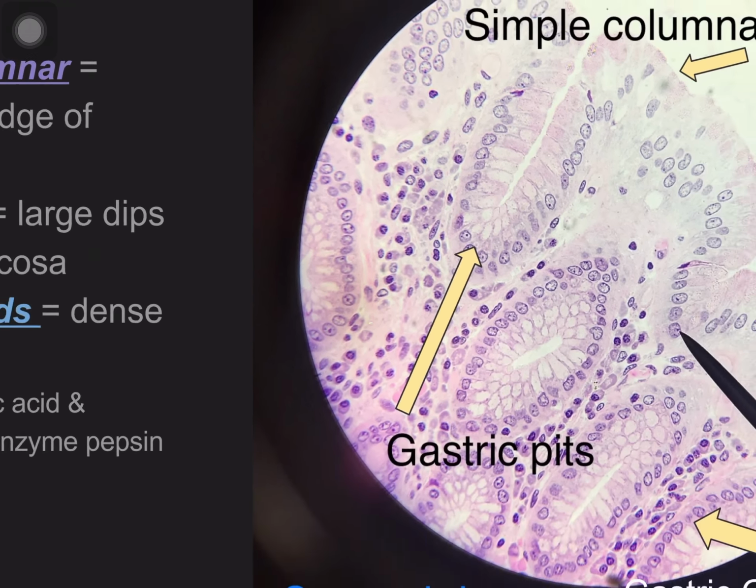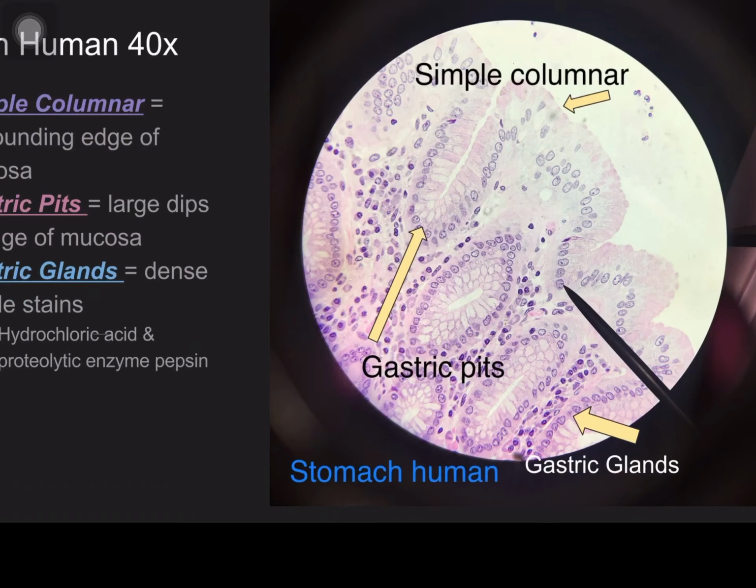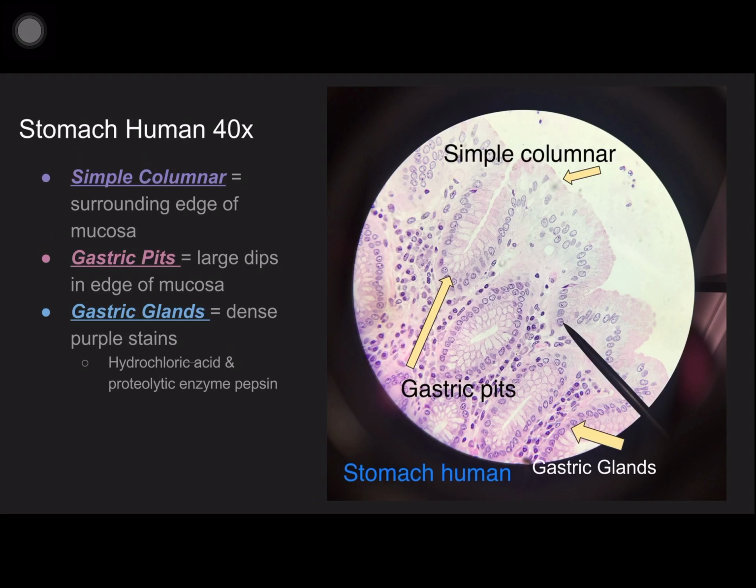Gastric glands are usually in the very bottom. So, simple columnar epithelium surrounds the edge of the mucosa, gastric pits are the large dips in the edge of the mucosa, and gastric glands are dense purple stains. Gastric glands are involved with producing hydrochloric acid and proteolytic enzymes such as pepsin.